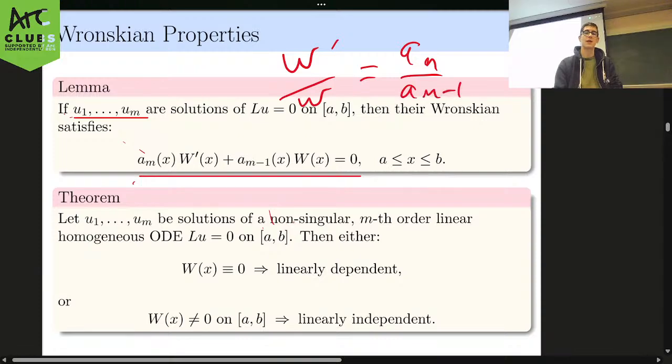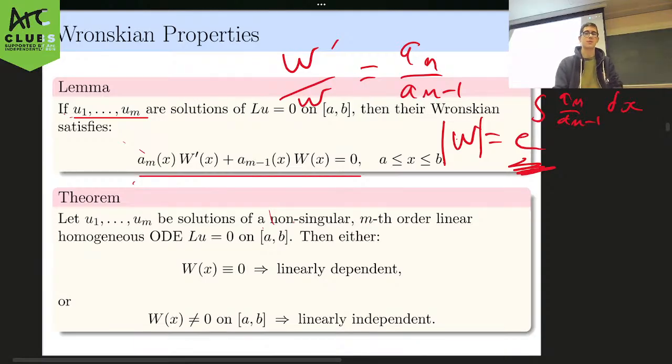So that would mean W equals e to the integral of a_{n-1} over a_n. It can be negative because this will be an absolute value, so it can definitely be negative in the general case as well. In the less general case, where you have them as solutions to the differential equation, it just matters more whether or not it's zero or non-zero.